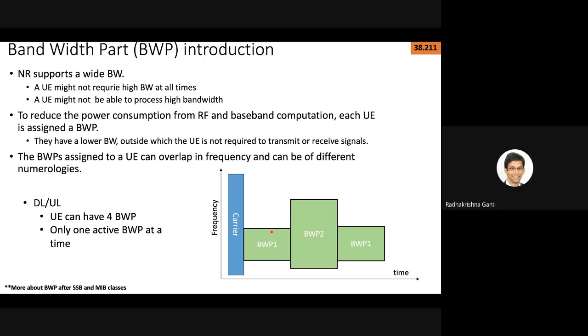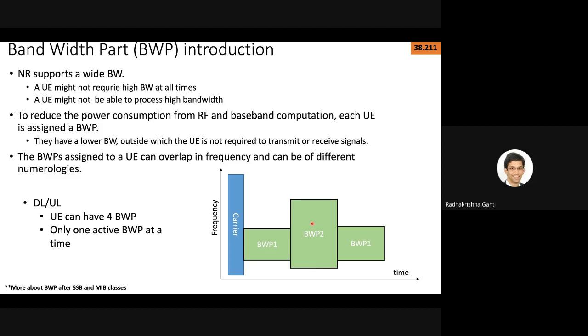Even if you are not getting any data, the UE has to make sure it is listening to the entire bandwidth part 1. Similarly, if it is active in bandwidth part 2, it has to listen to the entire bandwidth part 2, even if it's idle. That will take more power and more from its ADCs, DACs, and other things.